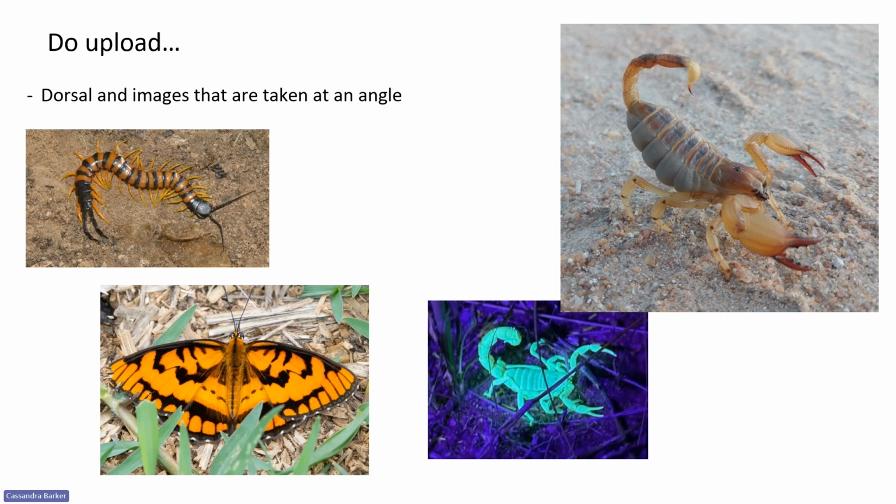And Ian Engelbrecht, who works on scorpions and spiders, has mentioned that these images of specimens can be used to identify them. So please, if you're going to look for scorpions, take a UV light. They're quite inexpensive and it can make your searching and iNaturalist uploads a bit more fun. But yeah, you'd want to do a dorsal view or a view at dorsal with an angle to make sure that you're capturing as much of the specimen as possible.